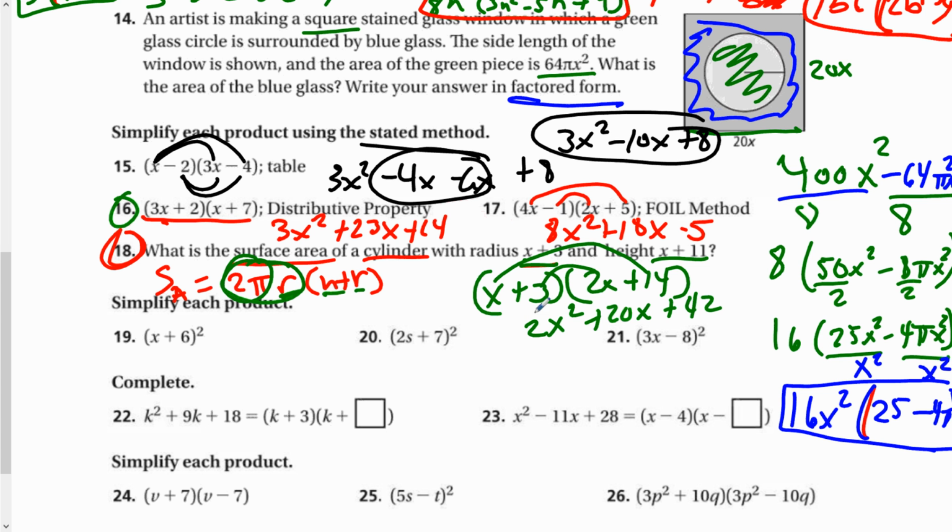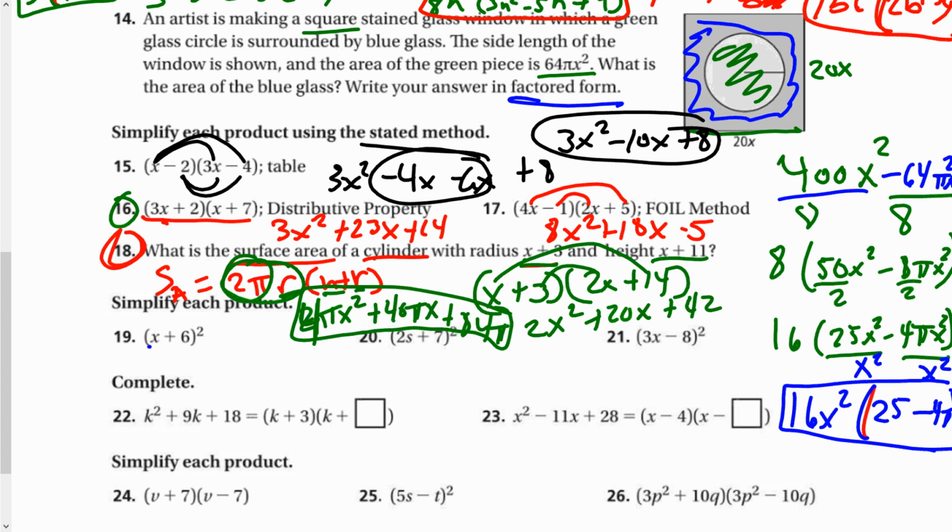So I distribute that 2 pi to all three of these, and I get a 4 pi x squared plus 40 pi x plus 84 pi, sorry. So there's my answer for that one.